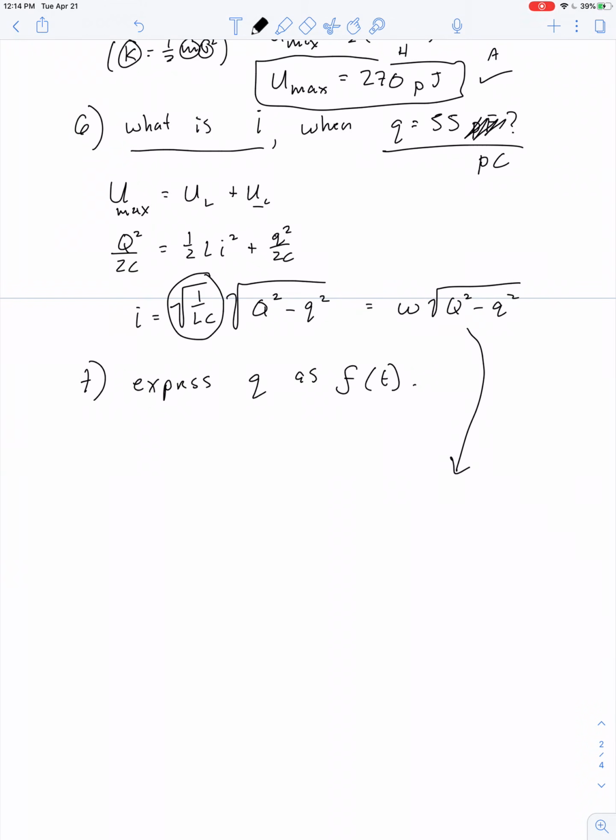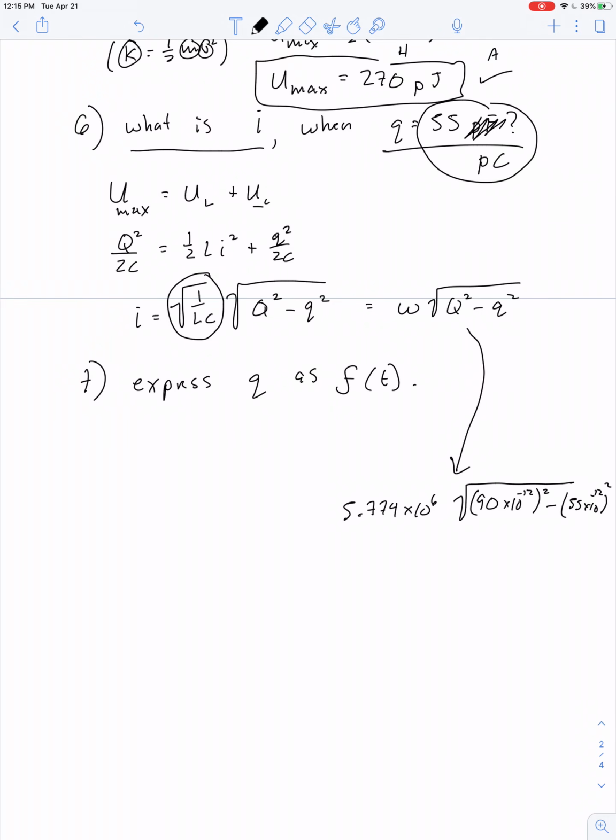Let's go down to here where we have some room. So this is 5.774 times 10 to the 6th radians per second times the square root of 90 times 10 to the negative 12th squared, minus, we're given 55 picocoulombs as a value, so minus 55 times 10 to the negative 12th squared.